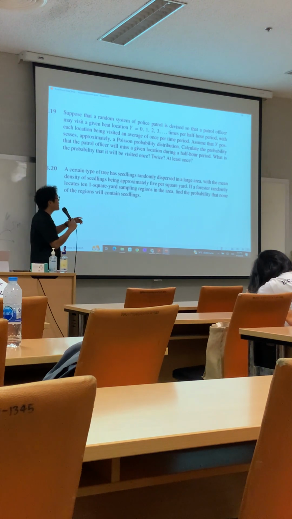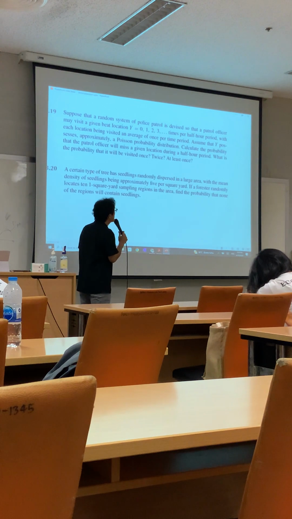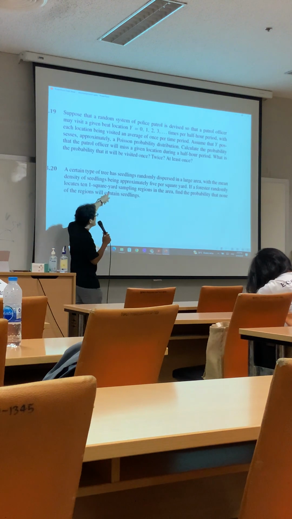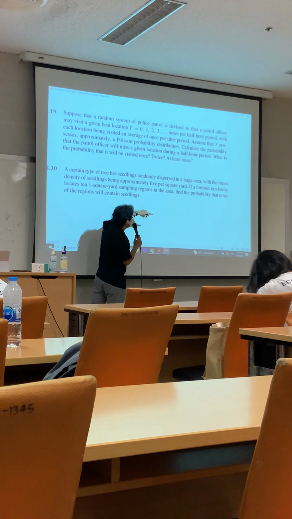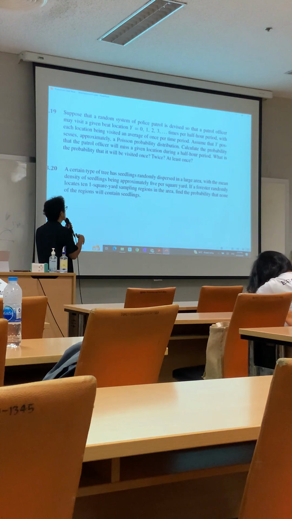So you now know lambda is 5. Now if a forester randomly locates 10 one-square-yard sampling regions in the area, find the probability that none of the regions will contain a seedling.